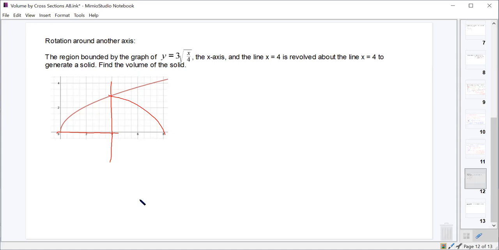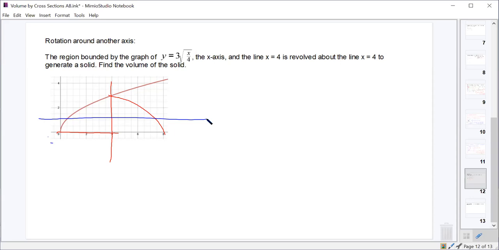We don't want to slice it this way. What if I were to slice it horizontally? What is each of those cross sections going to look like? Circle. Should look like a circle. So we are now revolving around a vertical axis, which means that we have to slice it horizontally.